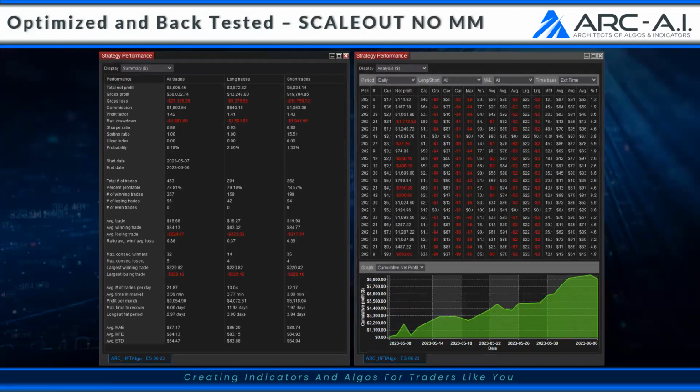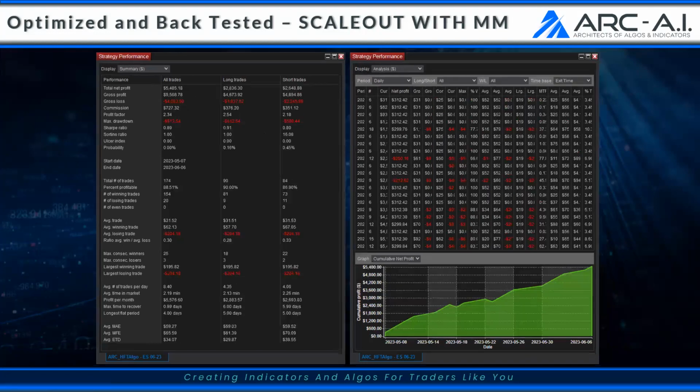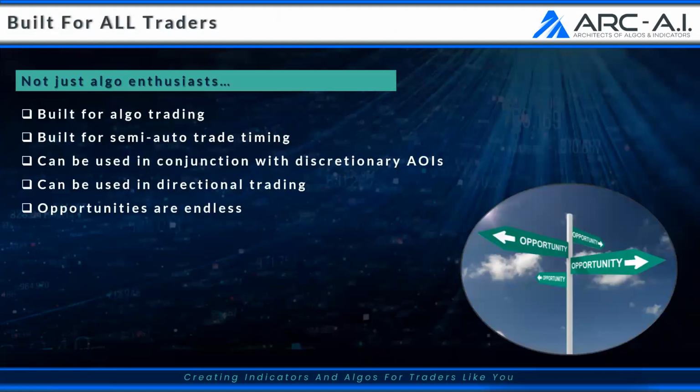Then we've got scaling out with no money management. This is going to be where you're taking multiple targets, bigger targets, that sort of thing. And then with money management, so you can set targets and stops and so on.